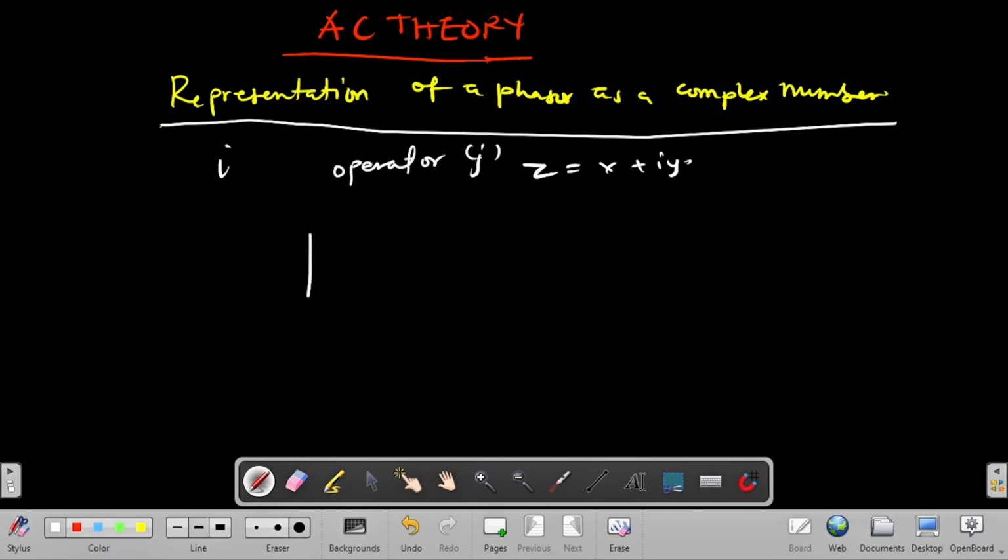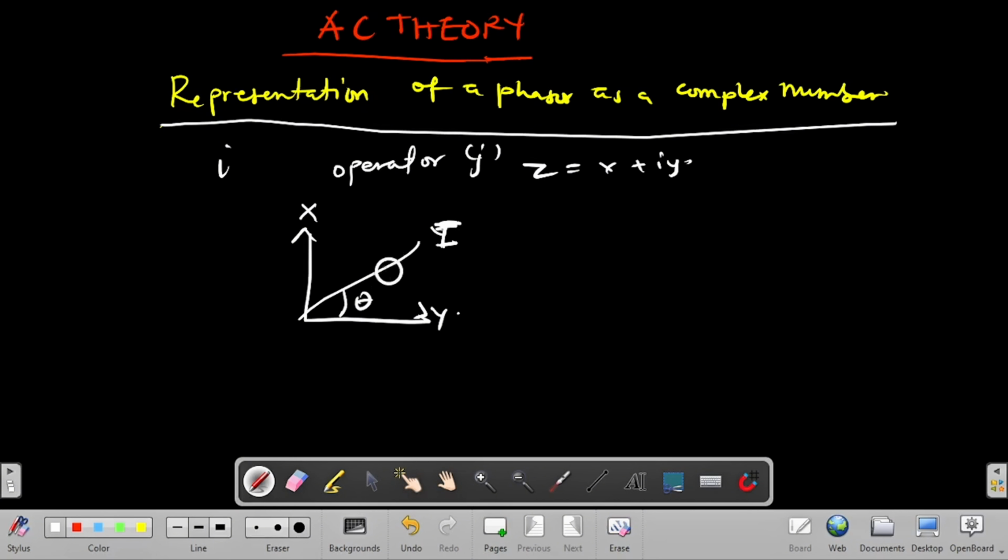Similarly, when I take a phasor, as you did in the phasors lesson, and I represent this as X, this as Y, and this is simply my current I, and I make this angle theta, so this is a phase difference.